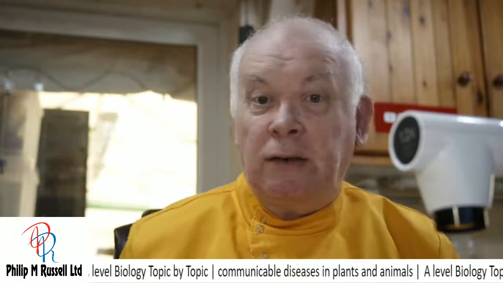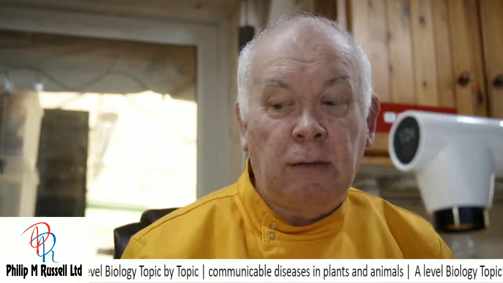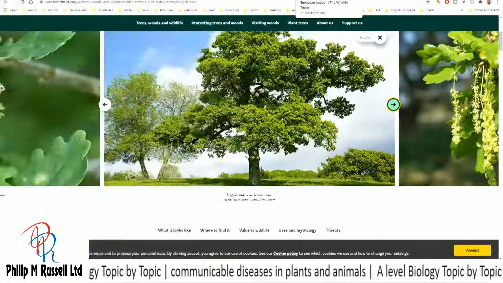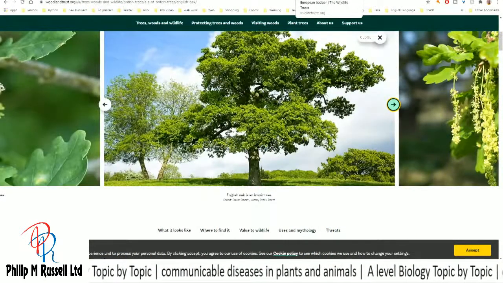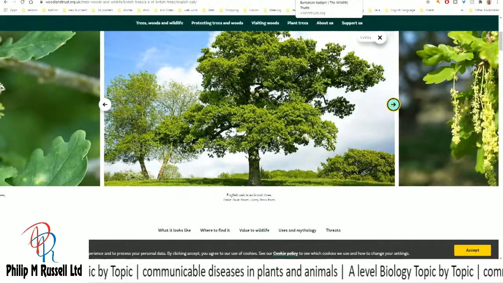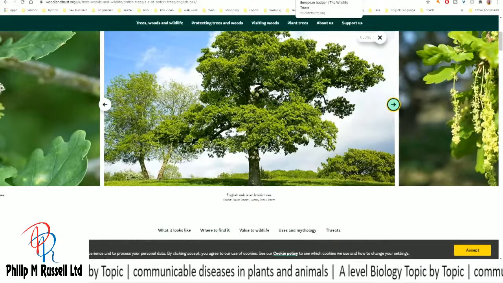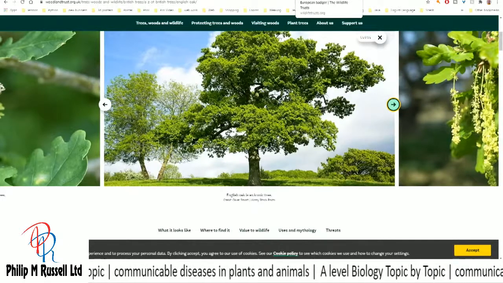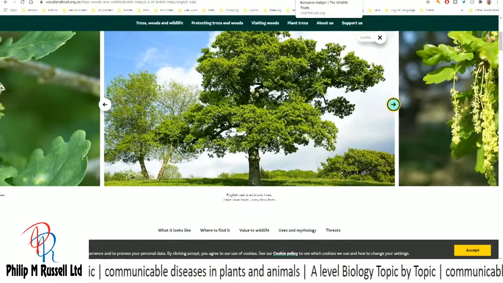Now let's have a look at plants and what we can actually do about plant diseases. If we look at perhaps England's most favourite and significant tree, it's the oak, and they live for centuries.